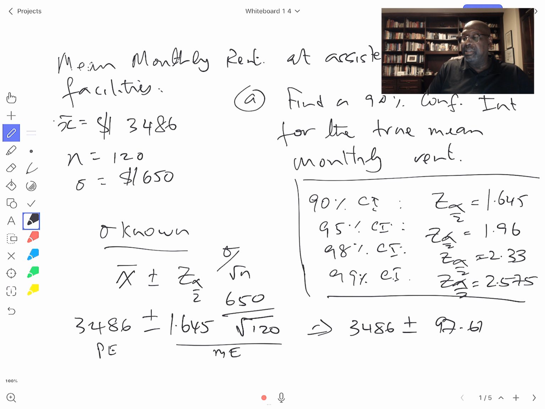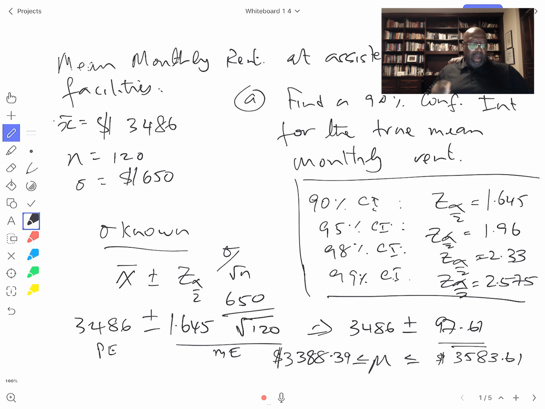So that 97.61 is our margin of error, which then gives us that following interval: the mean is between 3388.39 and 3583.61. I'm assuming that you know how to just add and subtract the 97.61.